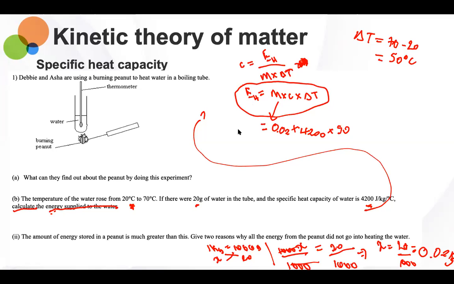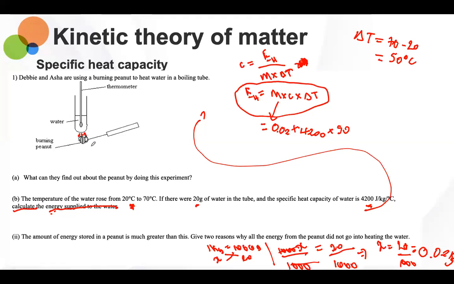All right, so why is not all of the energy going towards the water? Look back on the experiment, right? What's happening? We have heat energy. Is all of it going to the water? No, sir.